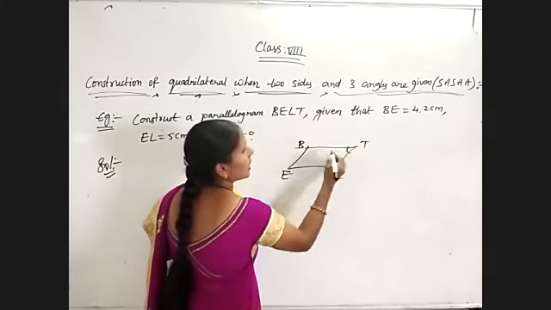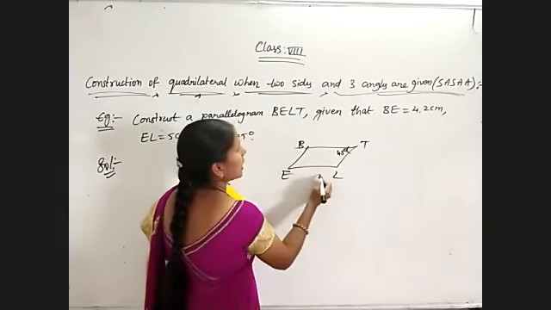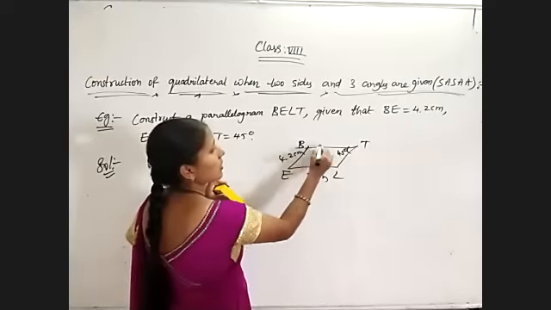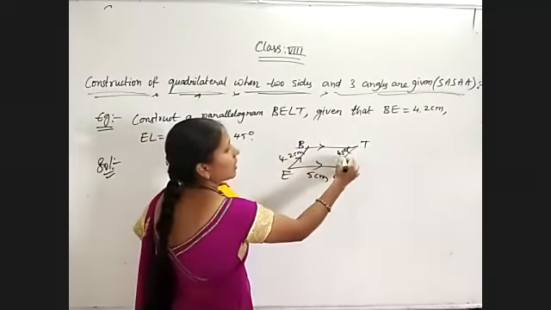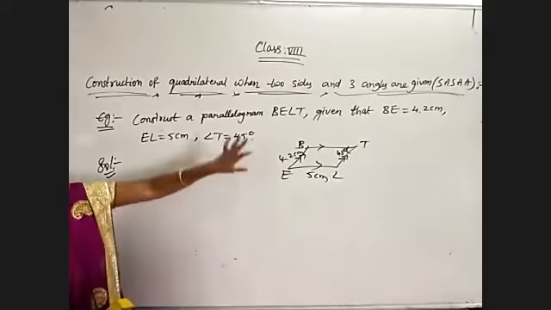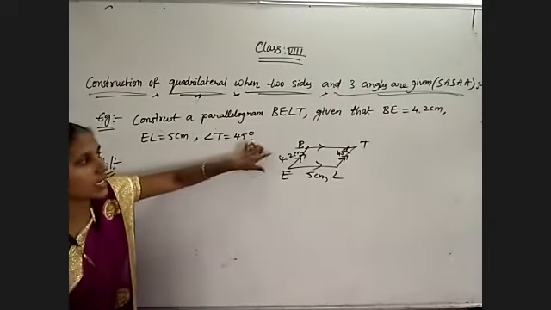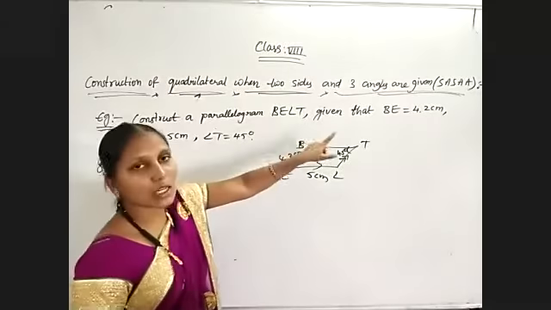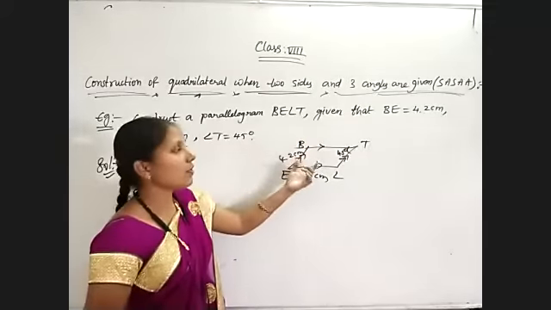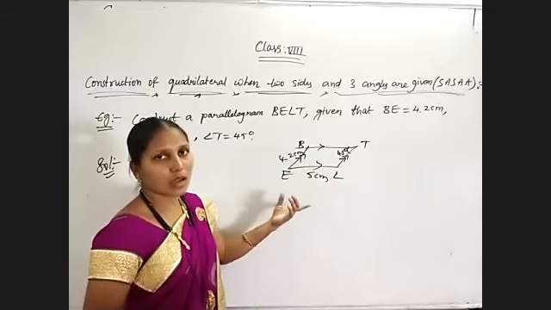BELT. T is an acute angle of 45 degrees, EL I have 5 centimeters, and BE is equal to 4.2 centimeters. So this is the given diagram with the given measurements. Two sides are given, but still two more angles we want to draw by using this condition. We want the remaining two angles.